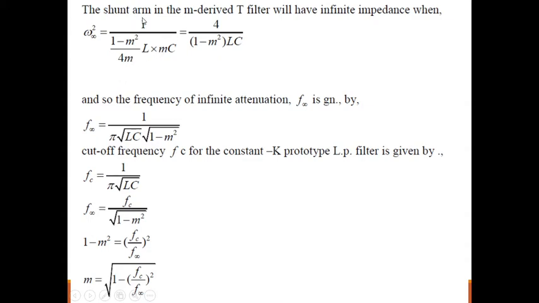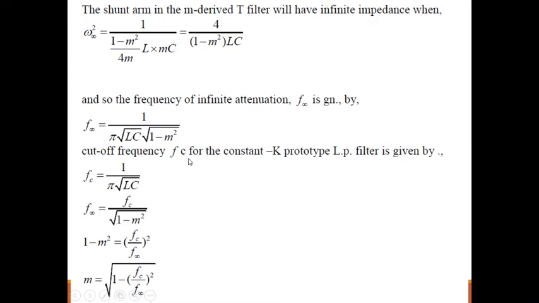The expression is simplified like this: 4 divided by 1 minus M square into LC. Also the frequency of infinite attenuation, we can consider f infinite is given by, if omega is infinite, f is also infinite. So 1 divided by 2 pi square root of LC into square root of 1 minus M square.